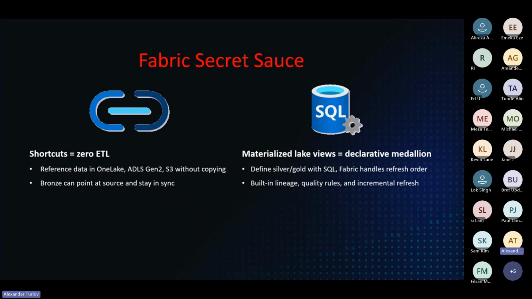The word materialized here means only one thing: when the view executes in Fabric, it creates a new, completely separate set of data built to the specification of this declarative definition. And that's what allows us to create the silver and the gold layers in a very easy way, without any particular additional effort.